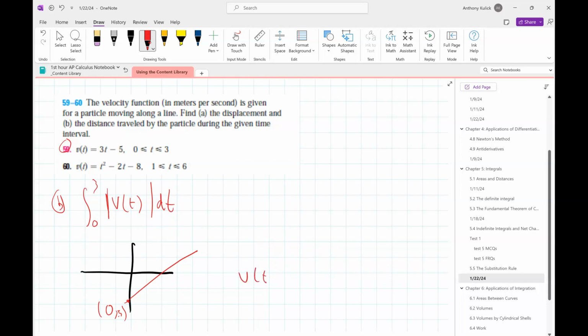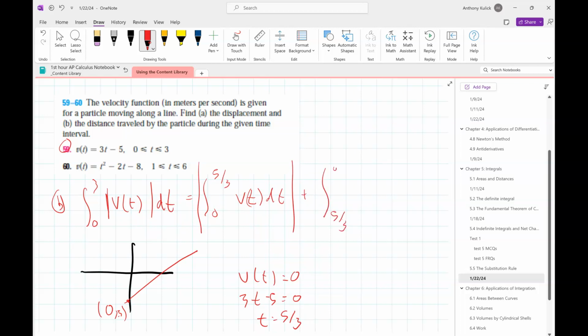So I just care about where it's equal to 0. So that's 5/3, right? So 0 to 5/3.